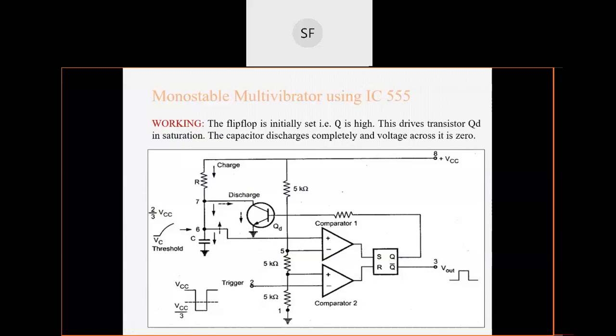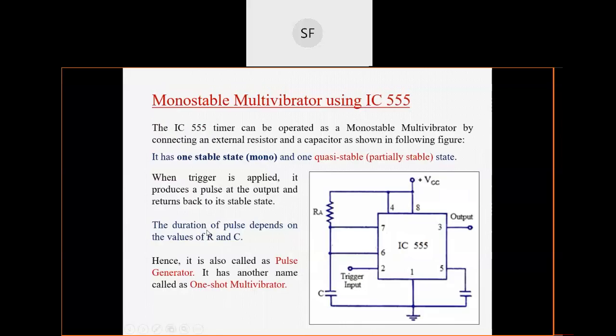Similarly, the capacitor is connected between ground and pin number 6. Observe here, this capacitor is connected to ground. This point is nothing but ground. You can observe this capacitor is connected between ground and pin number 6.